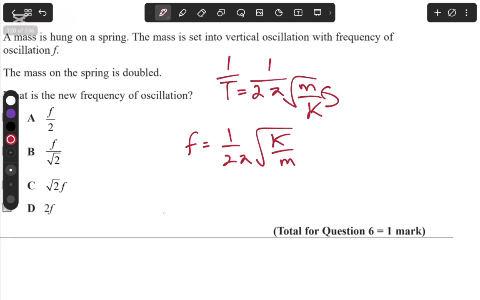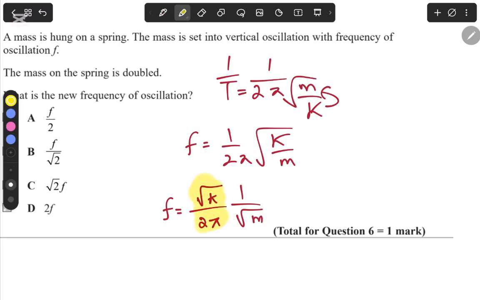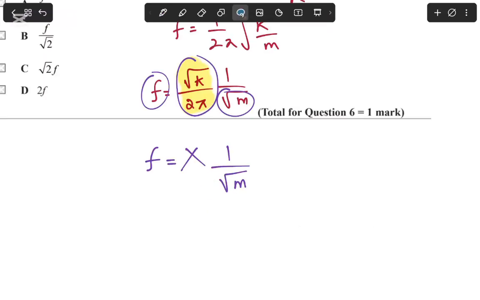Now I can say f equals square root k over 2 pi, and then 1 over square root m. What I'm trying to do here is bring all of the things that are constant into one place, and then make a relationship between the frequency and the square root m.